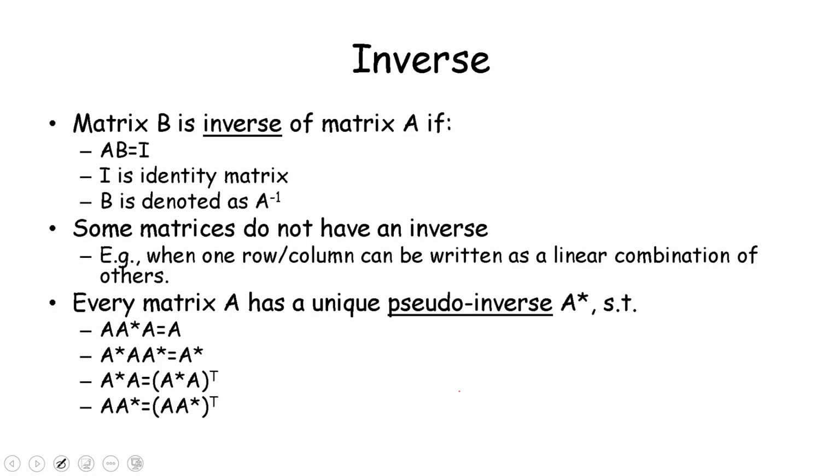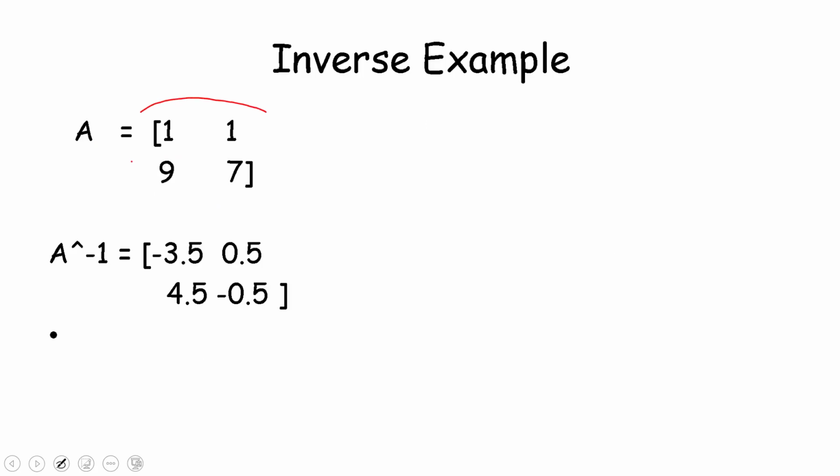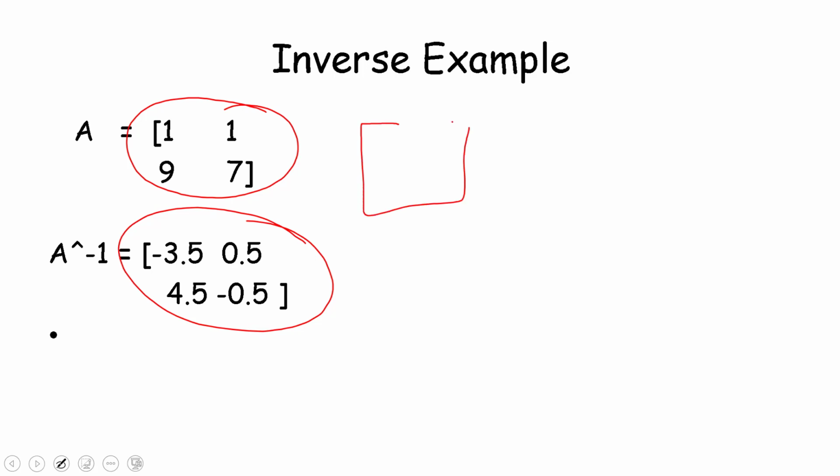The inverse of a matrix is defined as a matrix that when we multiply with A, we get the identity matrix. For example, the inverse of this matrix is this one right here, and we can confirm by checking that the multiplication results in the identity matrix. So let's do that.